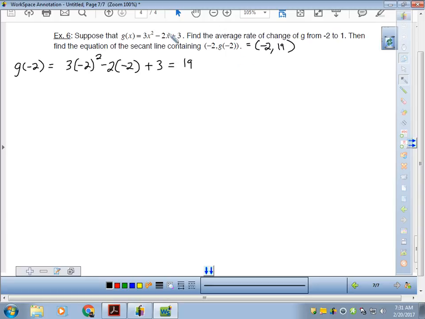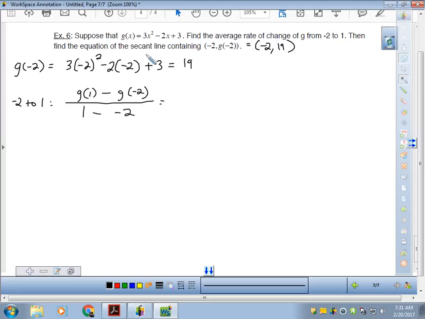Alright, so that's one of the things we're going to need in just a second. Let's go back to the beginning. We have our function, and they're asking us to find the average rate of change, going from negative 2 to 1. So that means we're going to have g of 1 minus g of negative 2 over 1 minus negative 2. To find g of 1, we're going to plug 1 in for all of the x's in this equation.